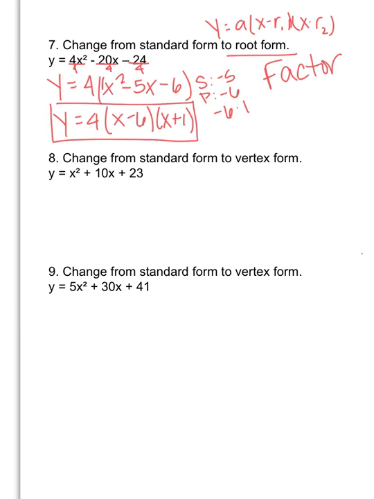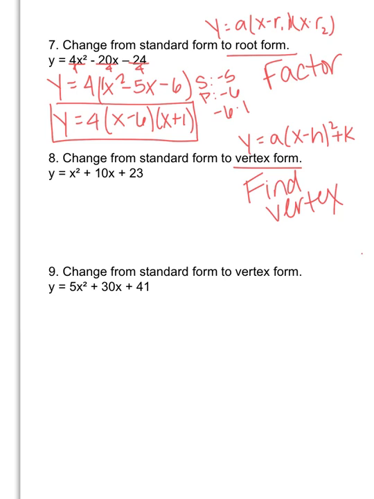Okay, so 8, we're changing from standard form to vertex form. So vertex form, remember, is y equals a times x minus h squared plus k. Now, when you're in standard and you're going to vertex, you need to know the vertex. We just learned on today's notes on the front how to find the vertex when you're in standard form.